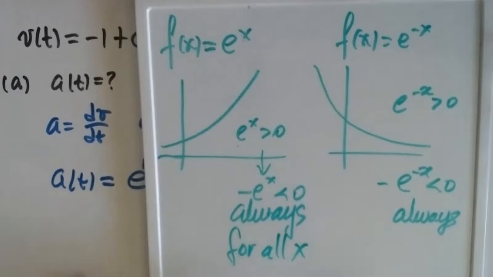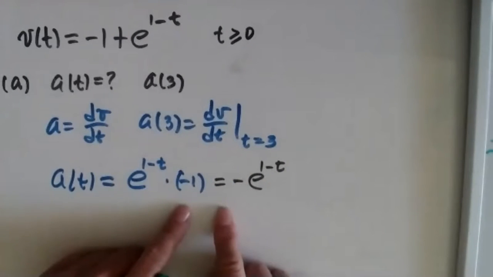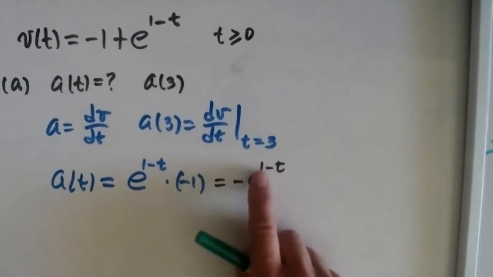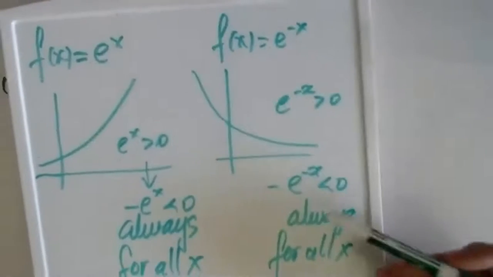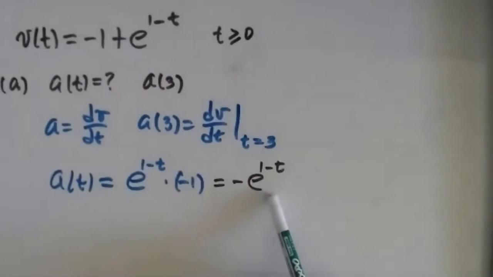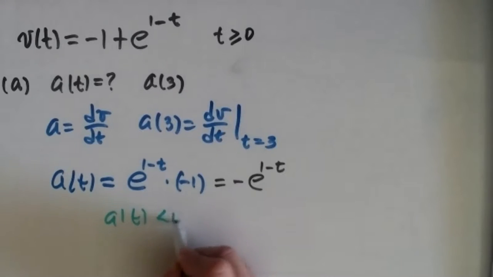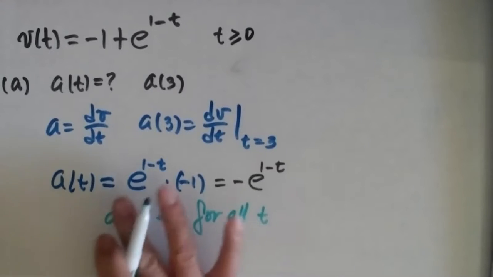Now, you have this function here. So what is the first thing you have about the acceleration? Well, you have e to the 1 minus t, like the one I have here. It's a negative number, and the exponential is always positive. So the acceleration is always negative, right? So a of t is negative for all t, correct?